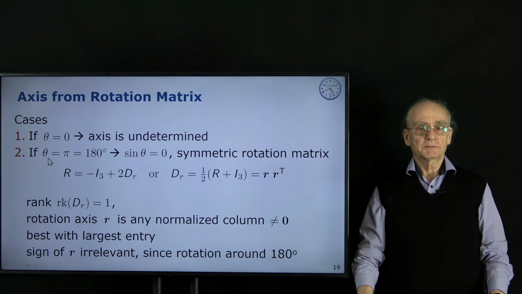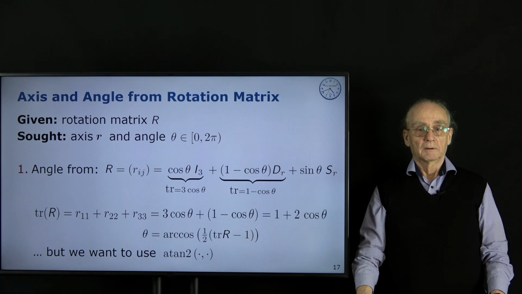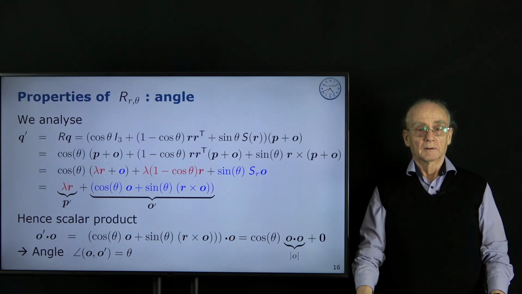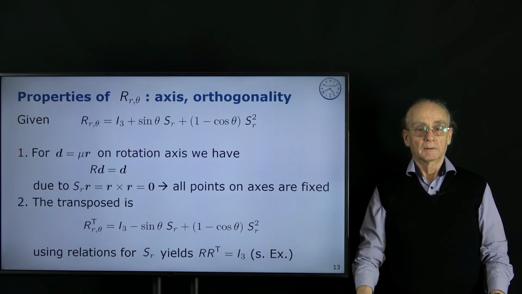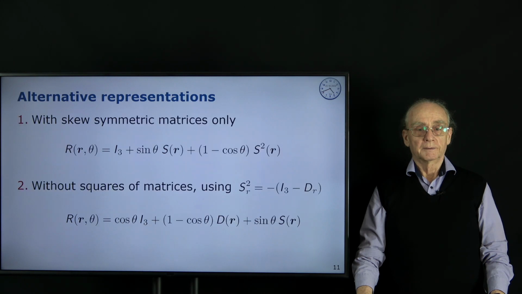So in case we have a 180 degrees rotation, we take this form. If we have 180 degrees rotation, the cosine of theta is minus 1. So we get this value.